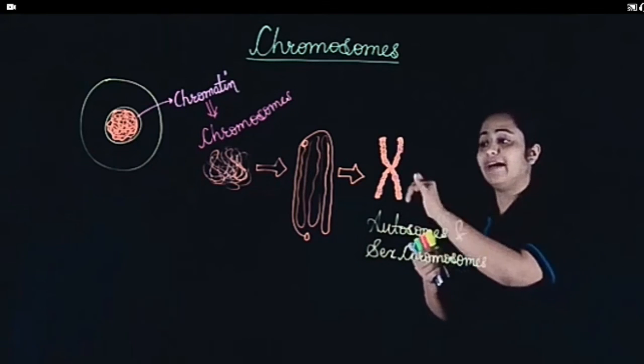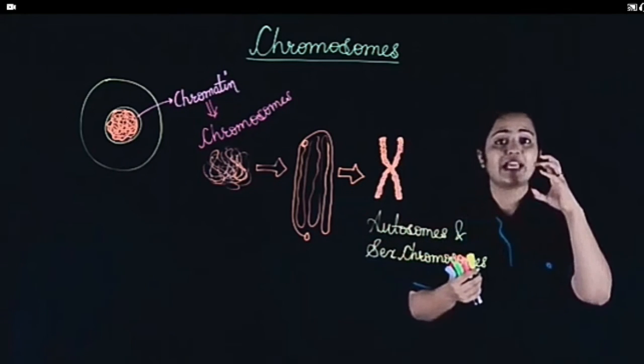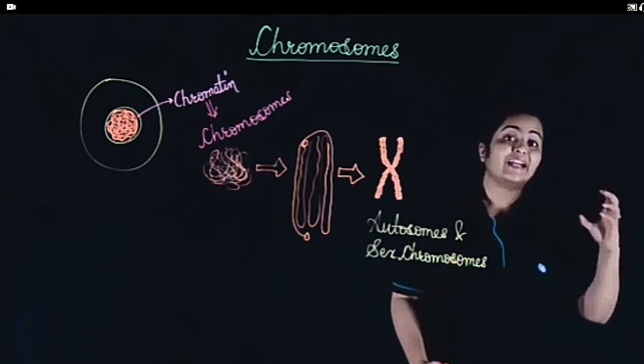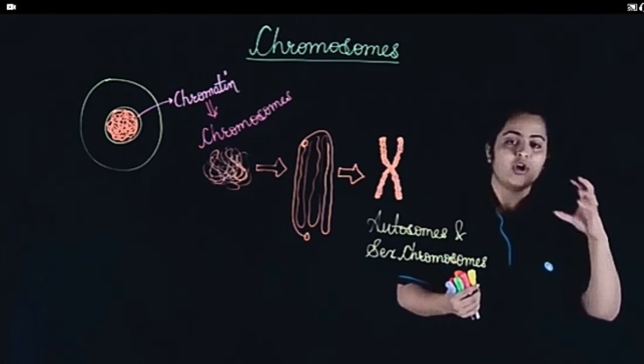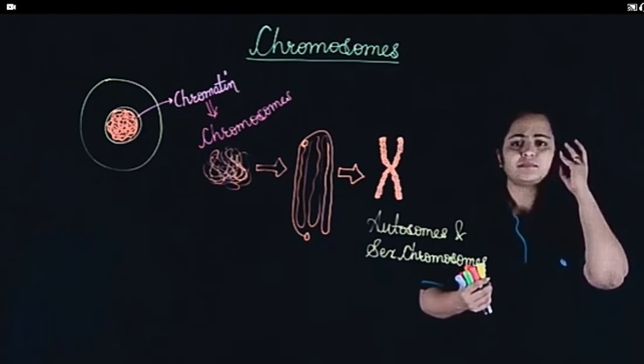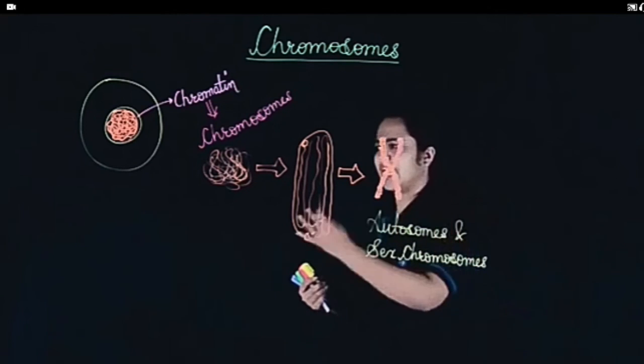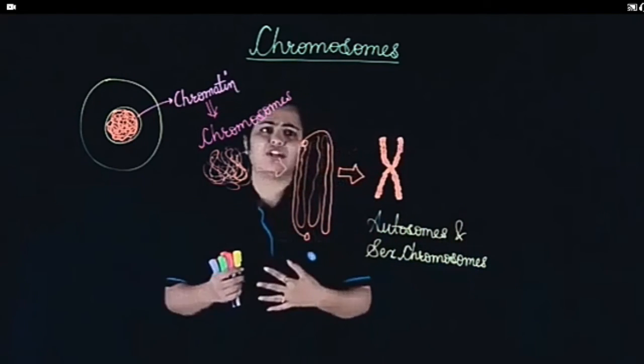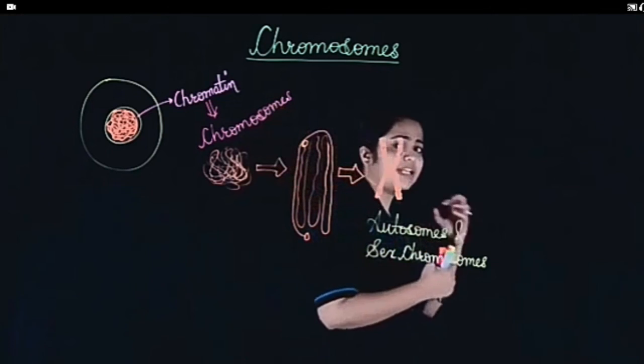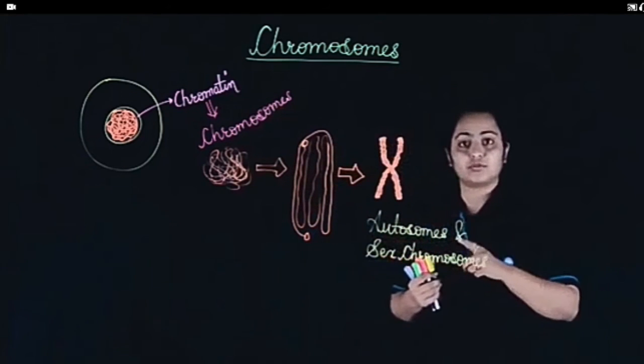So autosomes have all the genes which give the human body its characteristics. Yes, all the characters, right from skin color, hair color, height, eye color, internal organs, everything. All these things will be governed by the autosomes.